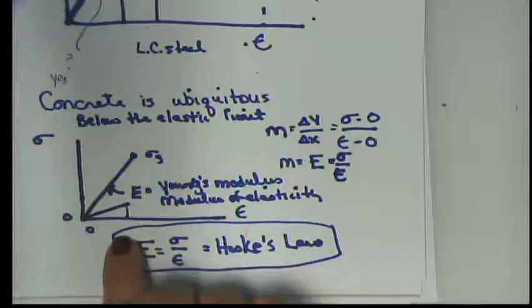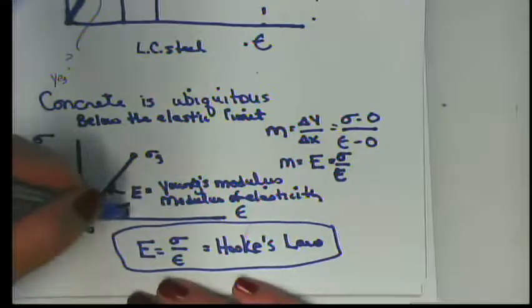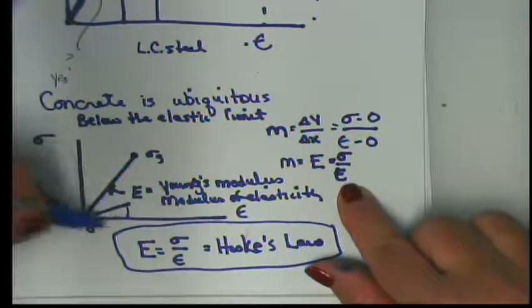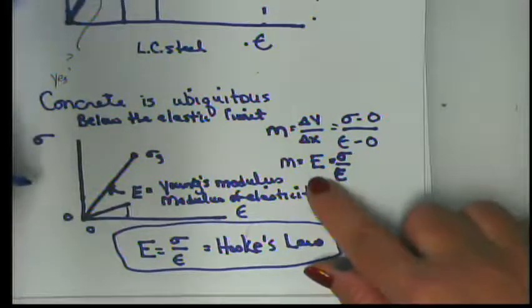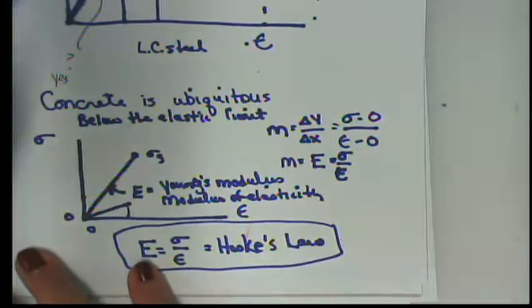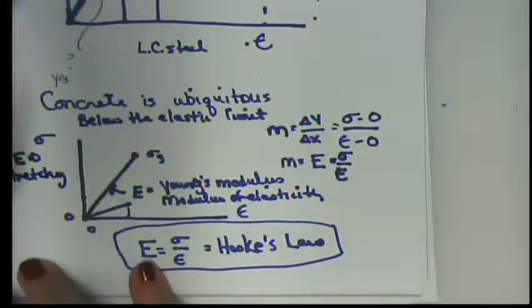And since epsilon is in the denominator, a larger denominator means that the value is smaller. So large E means very stretchy, and small E means not so stretchy.